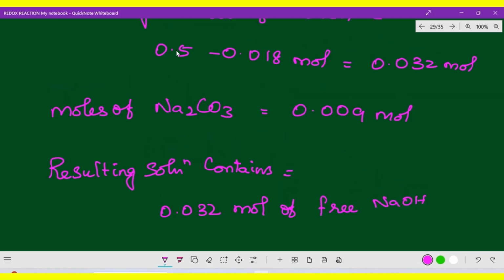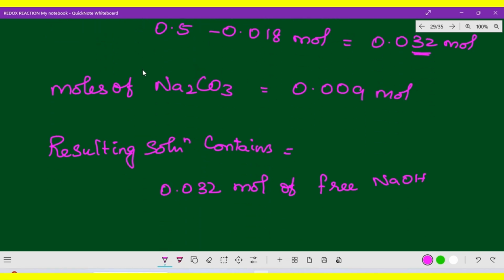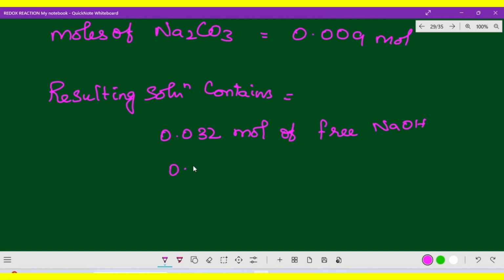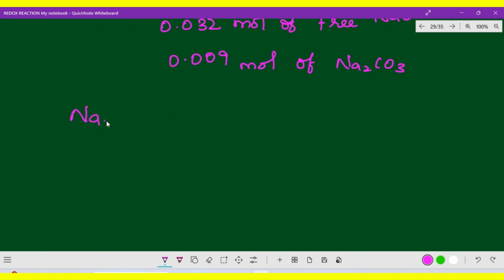That means we consumed this much, and this is the remaining, so remaining means free NaOH, and 0.009 mole of Na2CO3. Now Na2CO3 plus HCl gives NaHCO3 plus NaCl. See how many reactions have taken place, all like a puzzle.